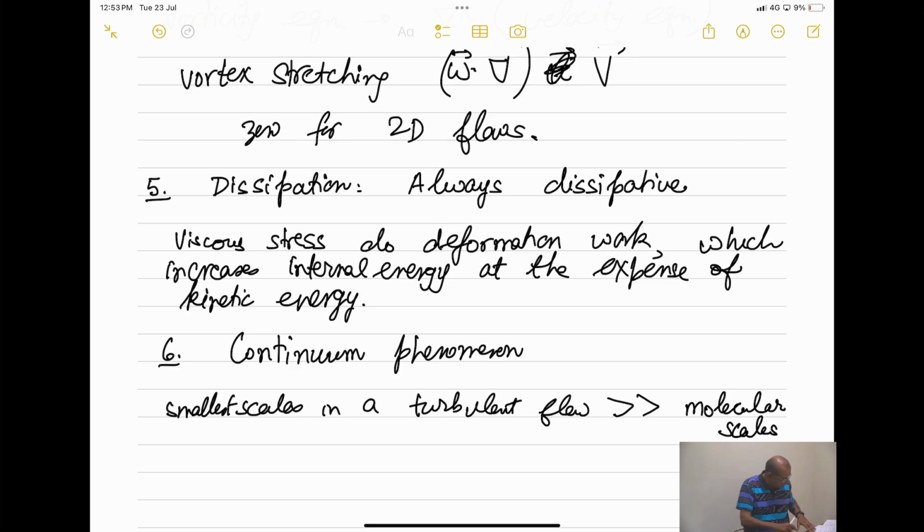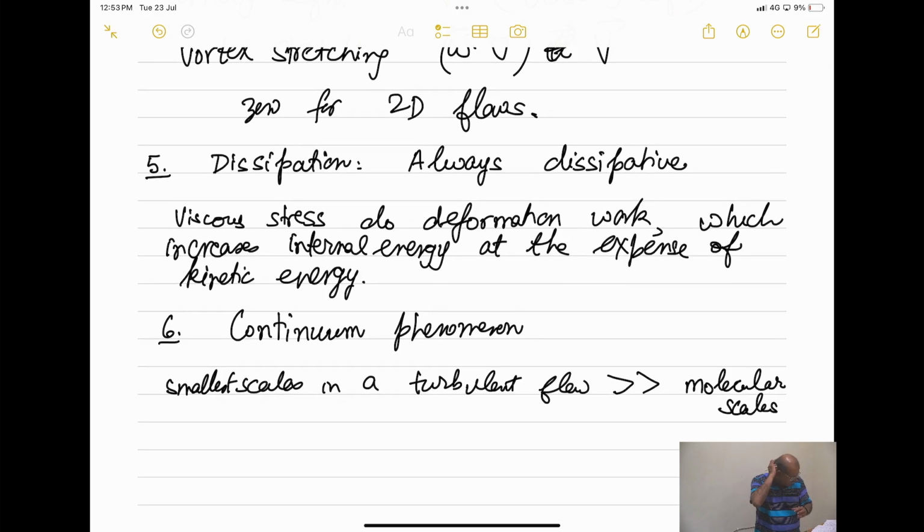Therefore, even the smallest scale in turbulent flows will contain many molecular scales. So the continuum approach will be valid, and that's why the Navier-Stokes equations still tell us about turbulent flows.